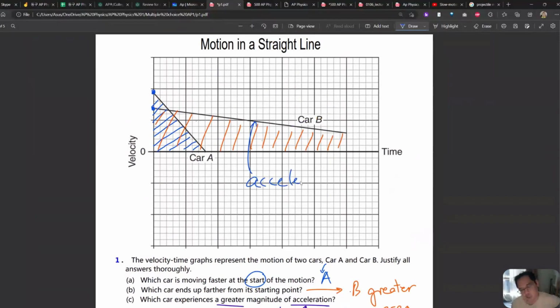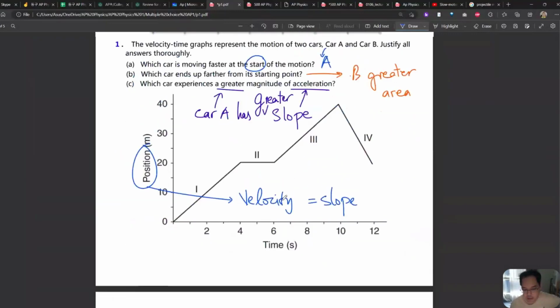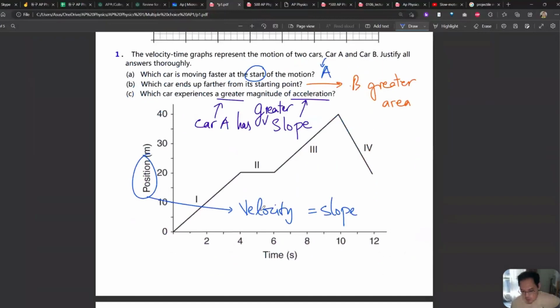Yes, acceleration if the graph is velocity. But for the graph of position, the slope is velocity, not acceleration. So part 4 here has the greatest slope. Greatest velocity. Yes.